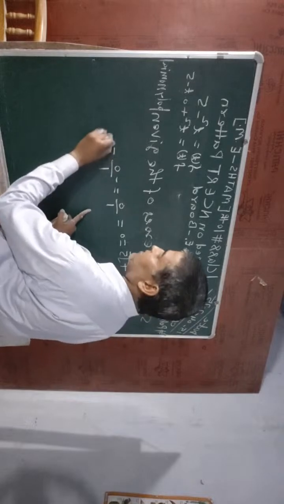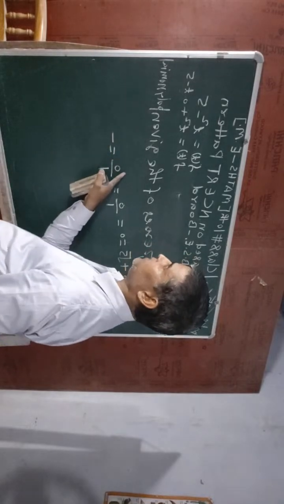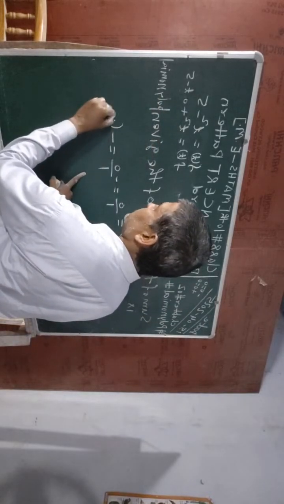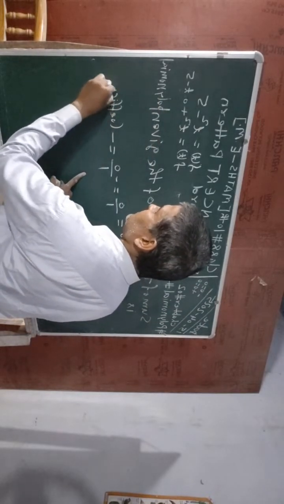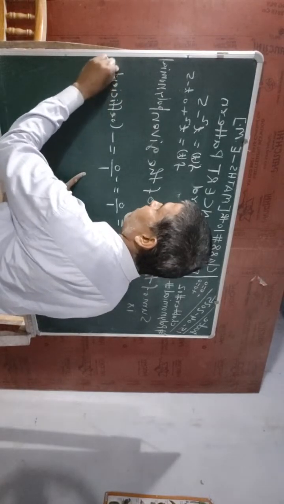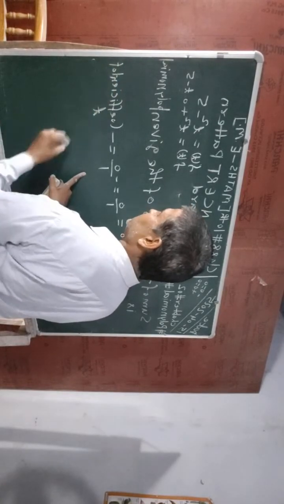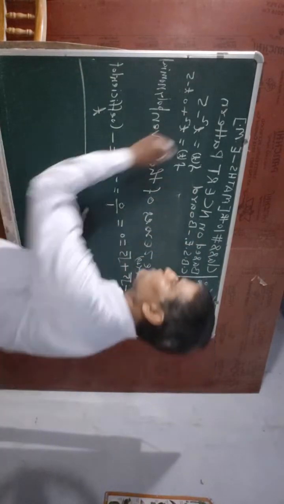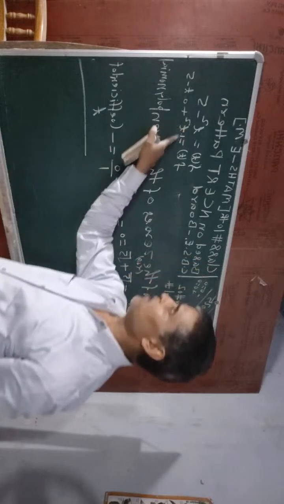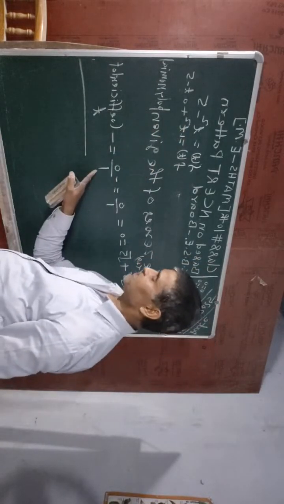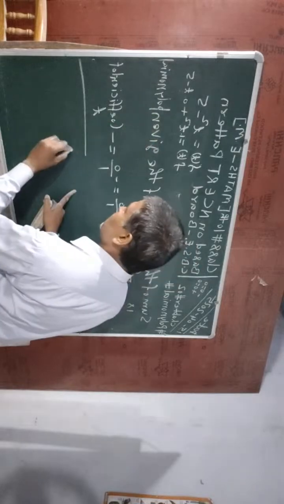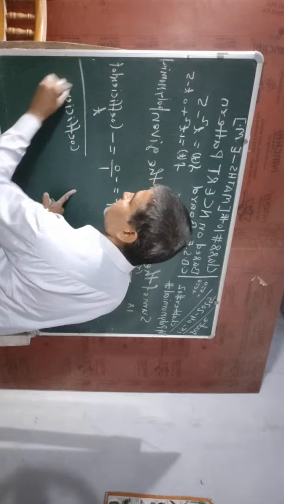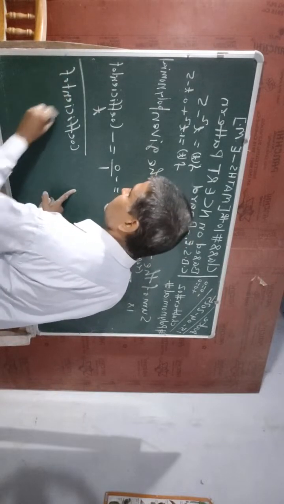So here I will write minus, and in the place of 0 I will put the coefficient of t, and in the place of 1 I will put the coefficient of t square, because here the coefficient of t square is 1.